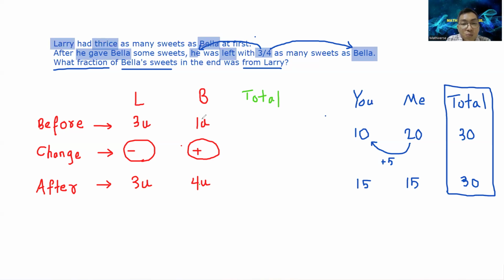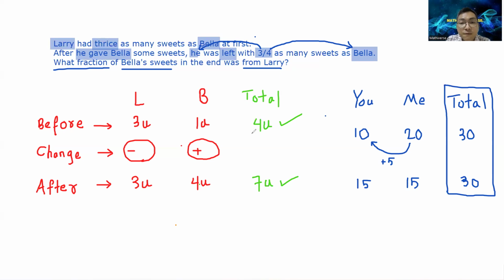So 3 units, 1 unit, and altogether 4 units. Here, look at that. 3 units, 4 units, altogether 7 units. Are they the same? No, they are not the same. So what should we do? We have to change them to be the same.